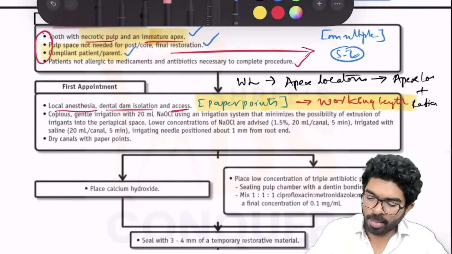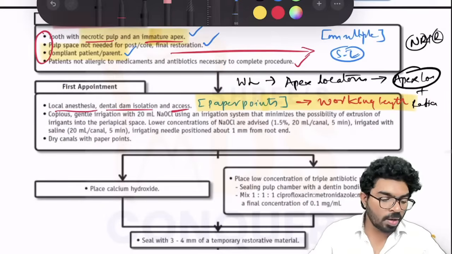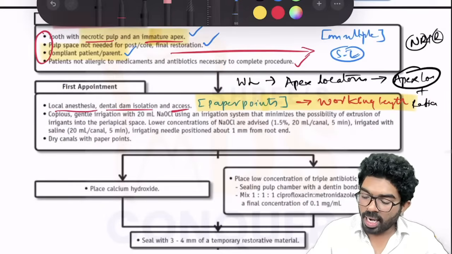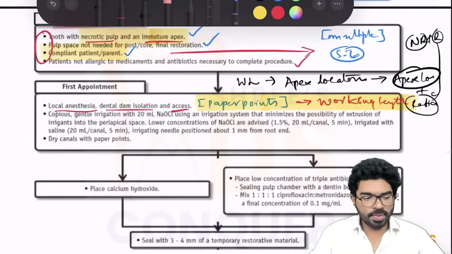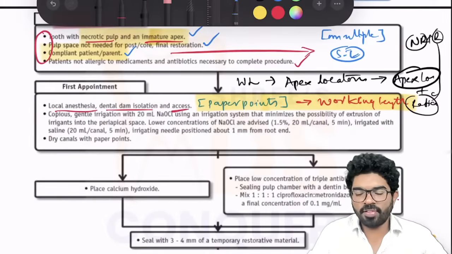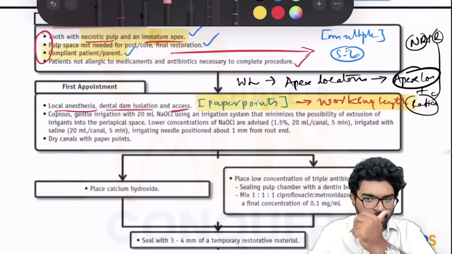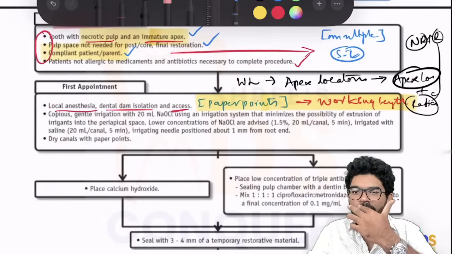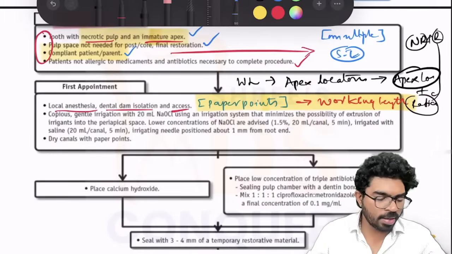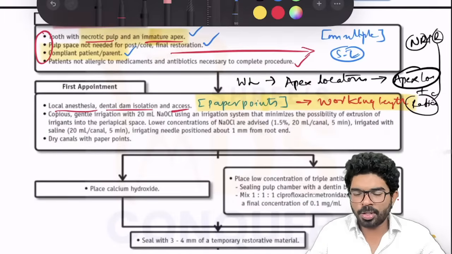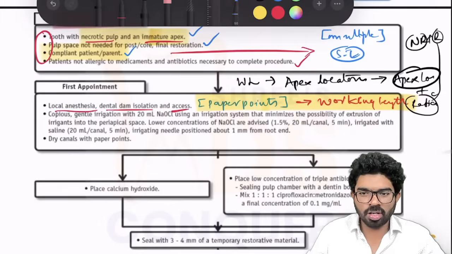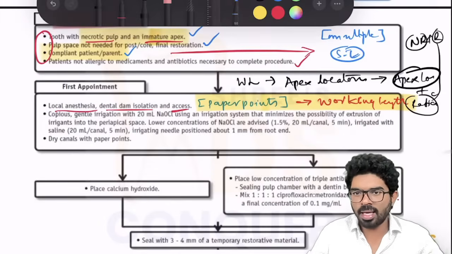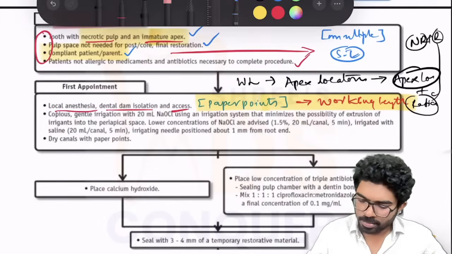It is basically a combination of a non-radiographic technique plus a radiographic technique. Apex locator is the non-radiographic technique, and any of the radiographic techniques you can use. I hope most of you are aware of the different techniques: Grossman's technique, Weine's technique, Knudsen's technique, and all these are different techniques of determining the working length. The normal basic technique is 0.5 to 1 millimeter short of your radiographic apex.